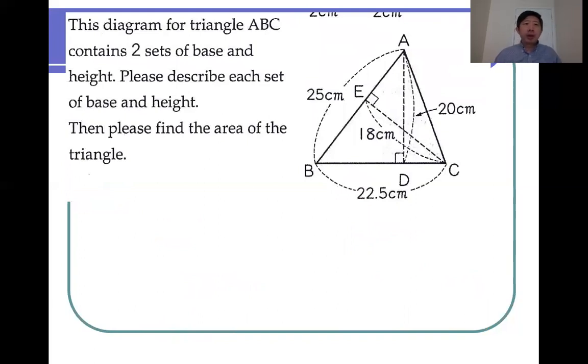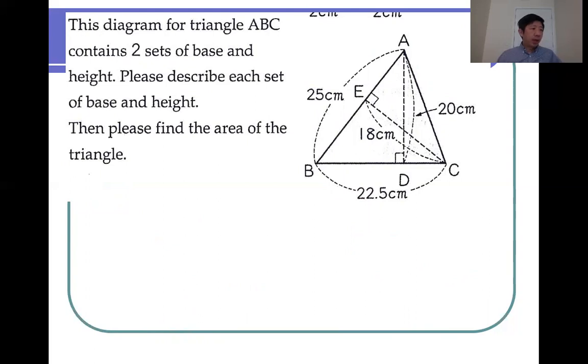This diagram for triangle ABC contains 2 sets of a base and height. Please describe each set of base and height, then please find the area of the triangle. All right.